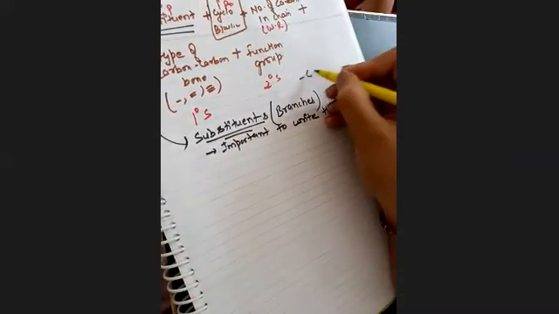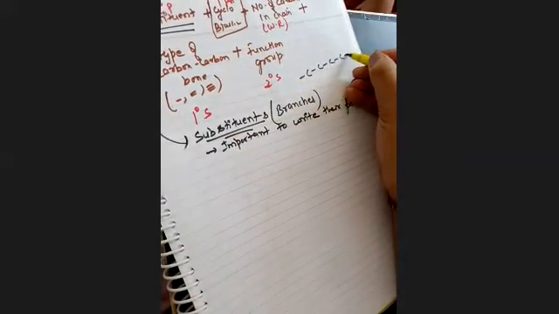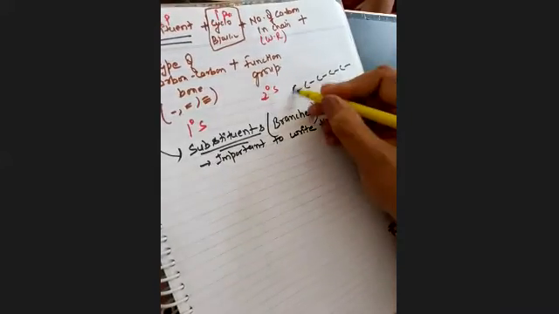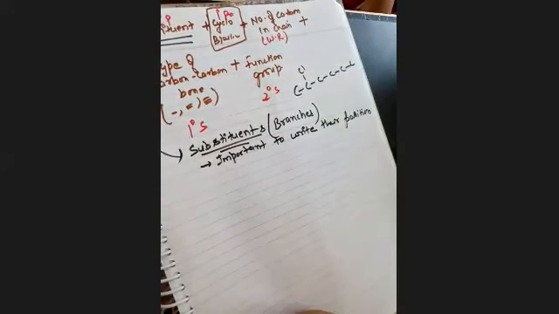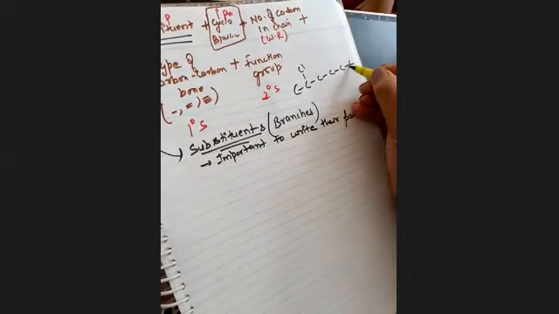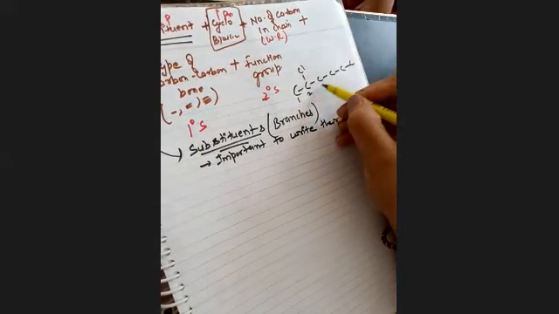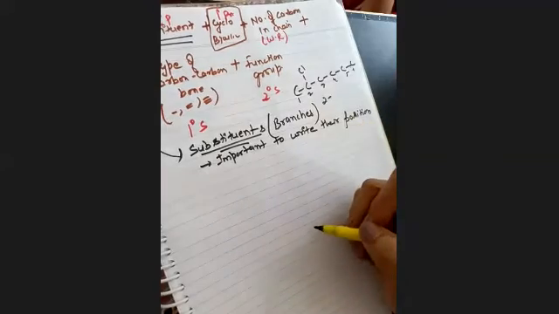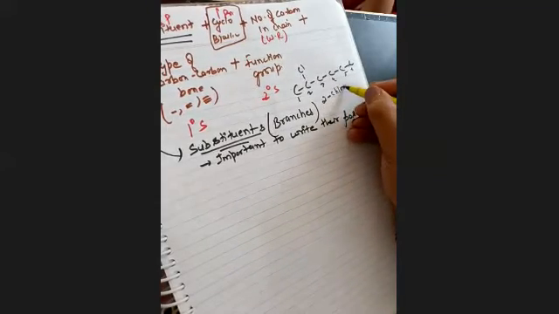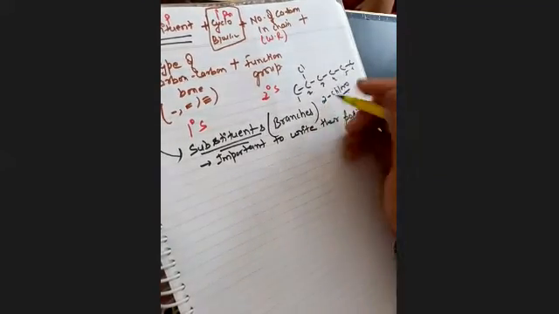For example, I'm just giving you an example. This is my chain, full chain compound, and if I substitute chlorine here, then when we do nomenclature, we will write 1 2 3 4 5 6, on second position, 2-chloro. So we will write the position.